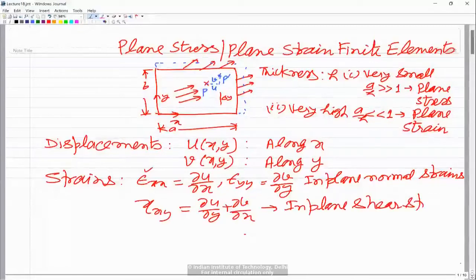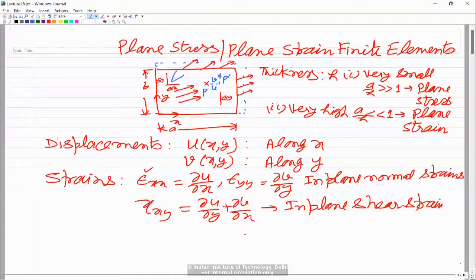What it means is that in the structure, if you have initially line elements parallel to x and y, let us say this is delta x and this is delta y. After the deformation, when the plate deforms, these move and go somewhere here.